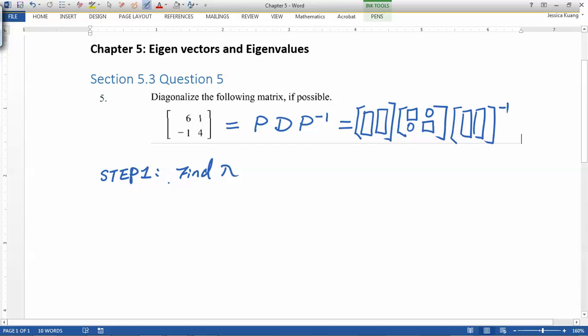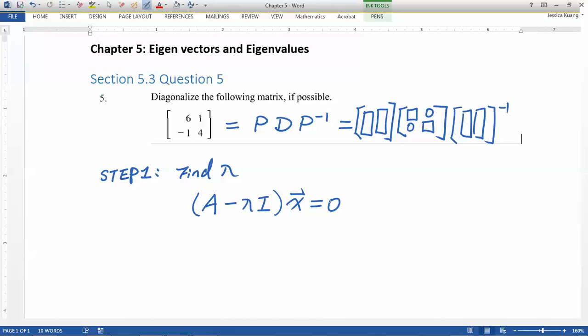How do I find lambda? Lambda has to satisfy this particular equation: A, my original matrix, minus lambda I, the identity matrix, times the eigenvector equals 0 must have a non-trivial solution.